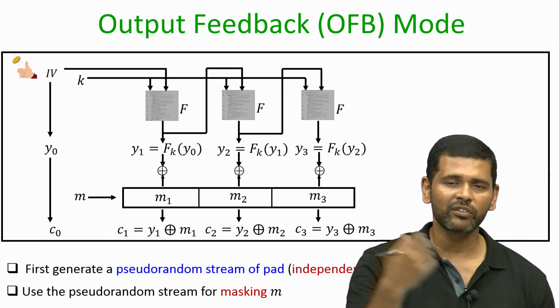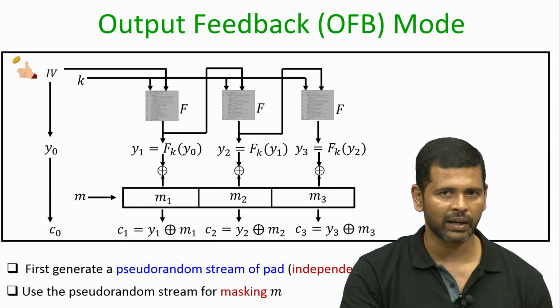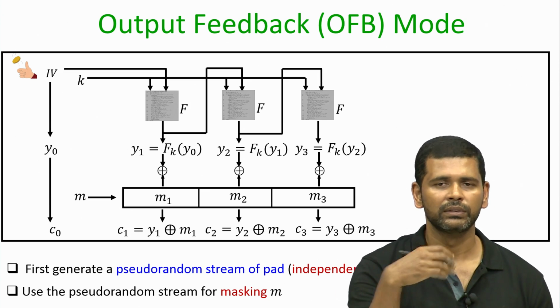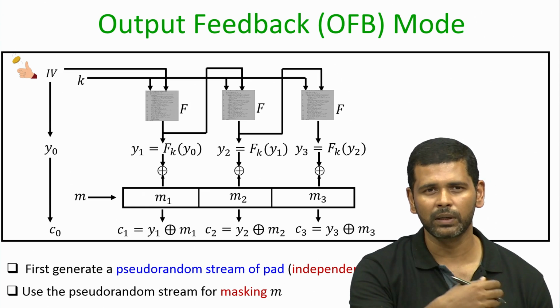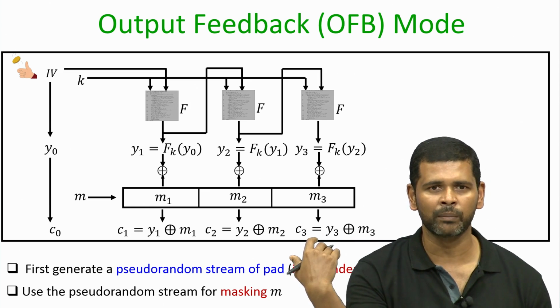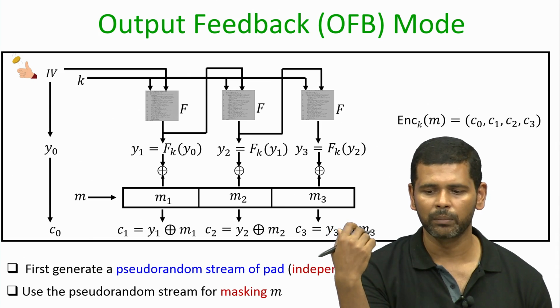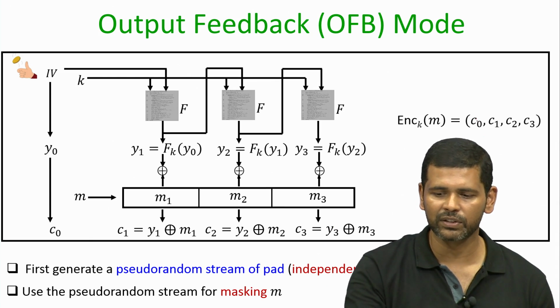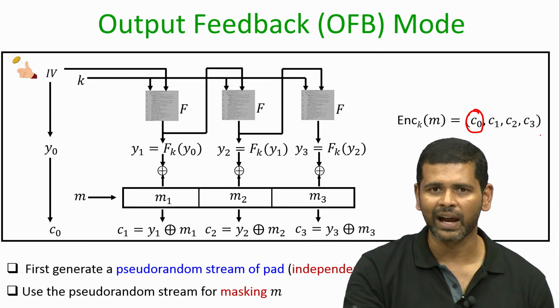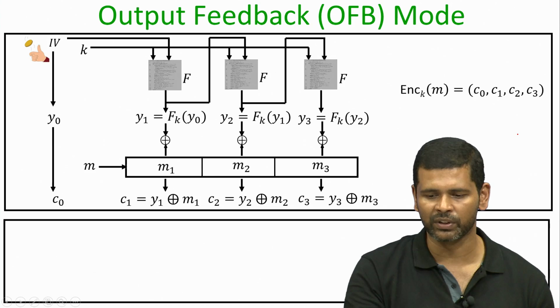So, if the IV is also communicated to the receiver end, the receiver can also generate the pseudo random stream of pad offline, and once the message is encrypted from the sender side and communicated to the receiver, it can be decrypted properly. So, in this specific example, the encryption of the message will consist of the IV and the actual encryption, namely C1, C2, C3.